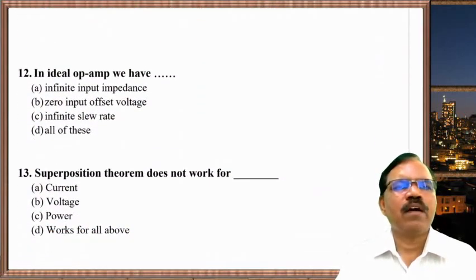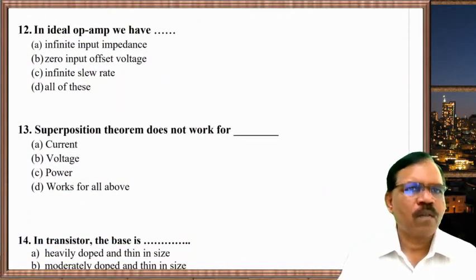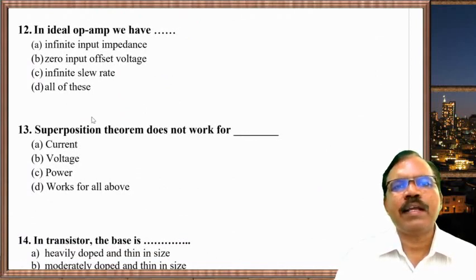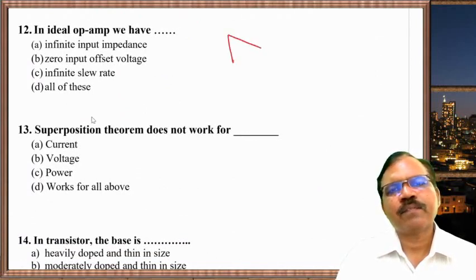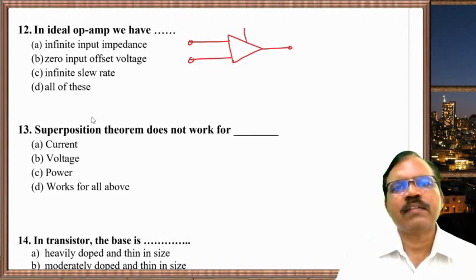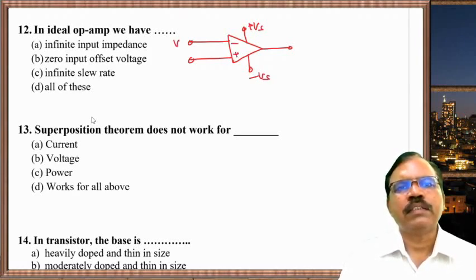In an ideal op-amp, now if we take ideal operational amplifier, it has certain parameters. This is the symbol for operational amplifier, plus Vs minus Vs, minus plus, this is inverting terminal, this is non-inverting terminal, V0.